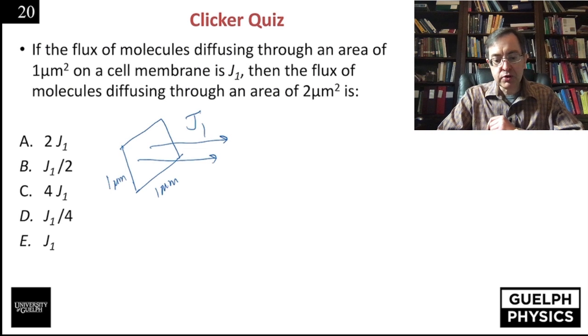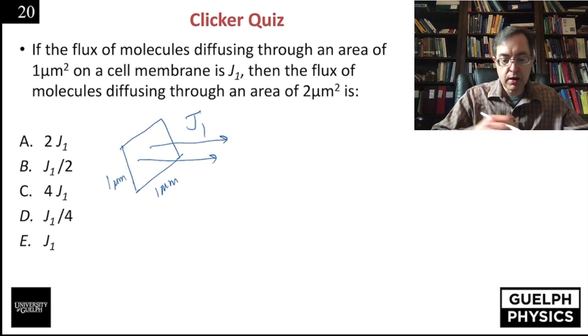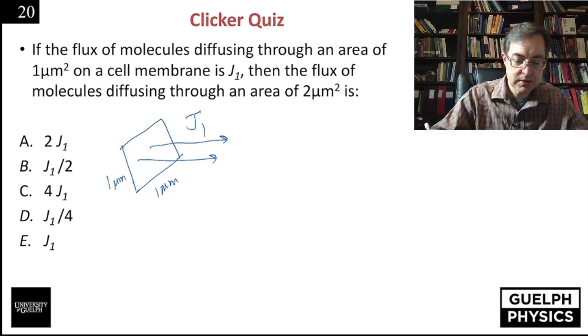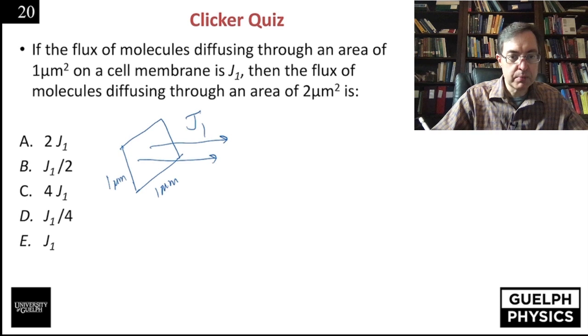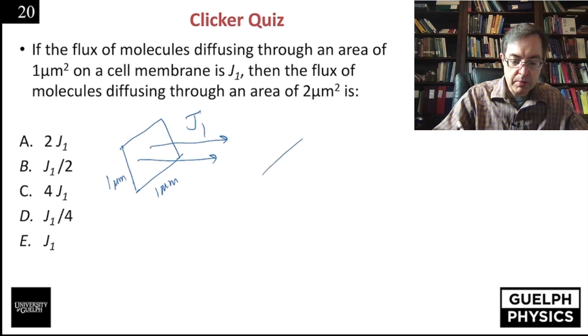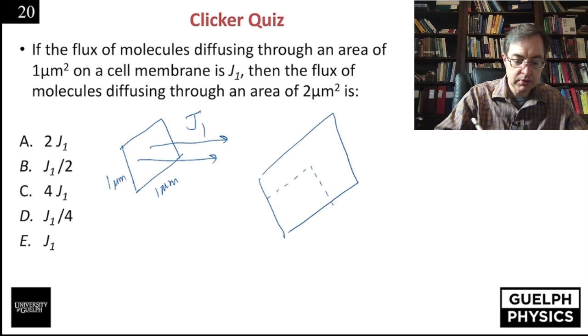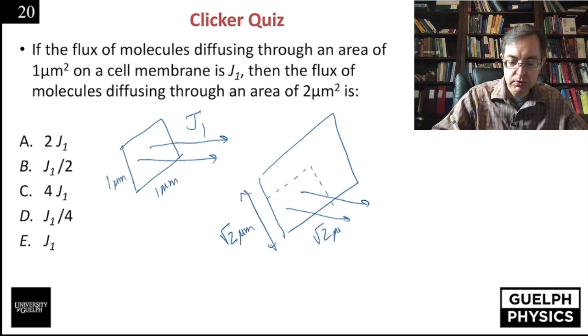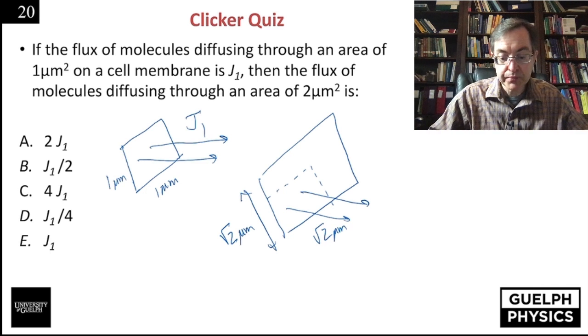Then the flux of molecules diffusing through an area of 2 square microns is, and you're given several options. Well, it's a bigger area. There is your 1 square micron, and now you've expanded the lengths by √2, so this is √2 microns by √2 microns to give you 2 square microns area.